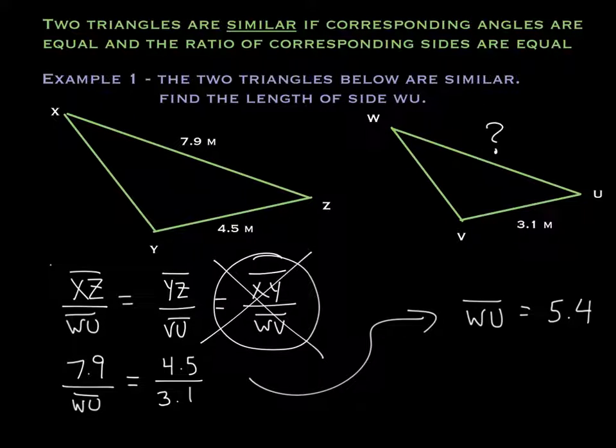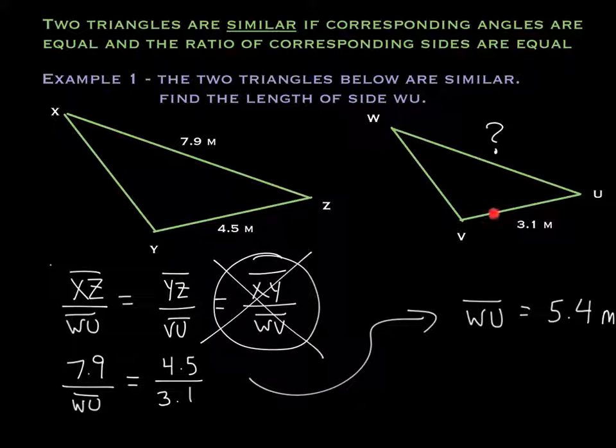And we have units in here, right? We have meters in each of these, so we might as well include our units of meters. Very often these triangles are not drawn to scale, meaning this doesn't necessarily have to be 7.9 and this doesn't actually have to be 4.5 meters, but you should still be able to look at your final answer and ask, does that make sense?